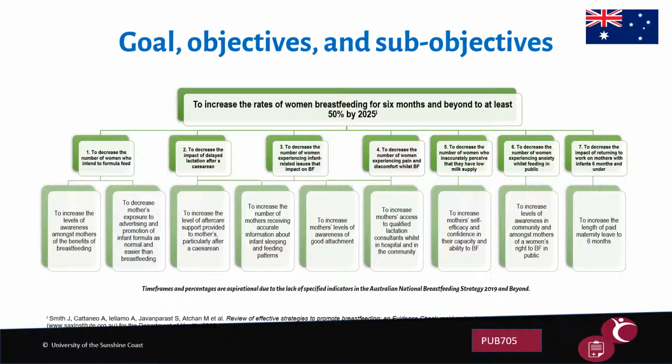And again, we draw on the literature to identify benchmarks to inform the sorts of changes that we would like to see over time in the range of determinants that we're planning to address to increase the rates of women breastfeeding for 6 months and beyond.